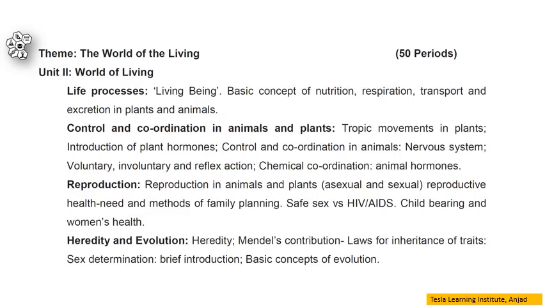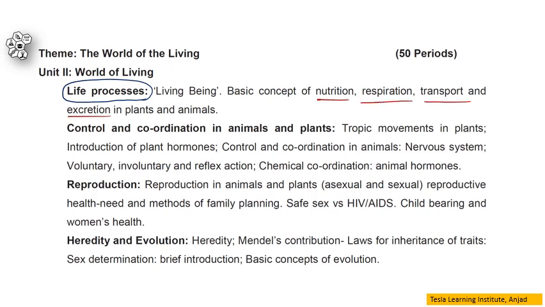Now the next, second unit is the world of living, that is basically biology, in which we talk about the basic life processes, which include nutrition, respiration, transport, and excretion in plants and animals.